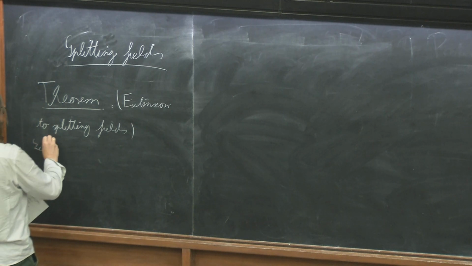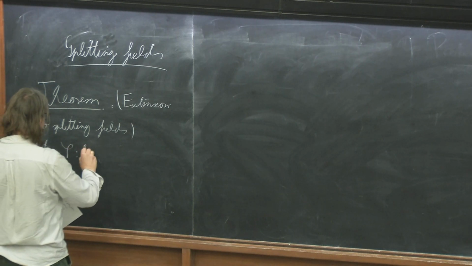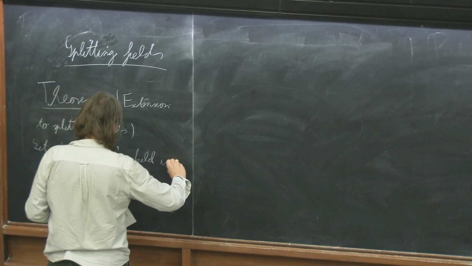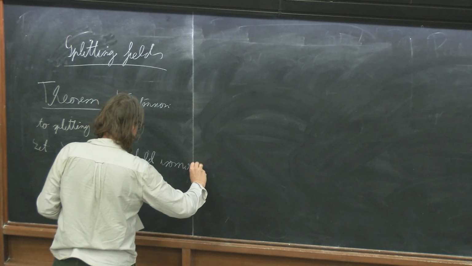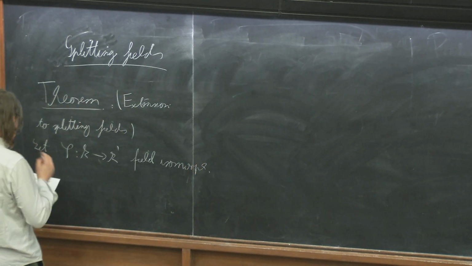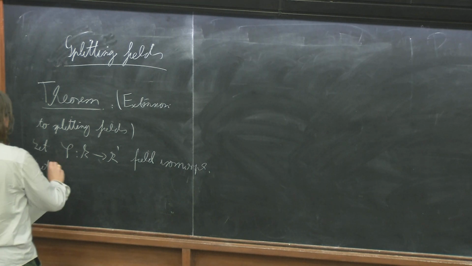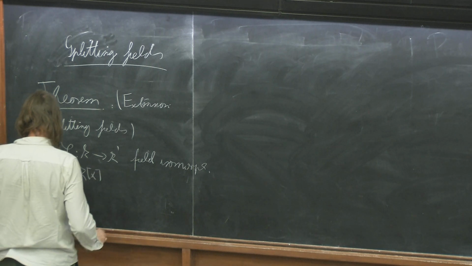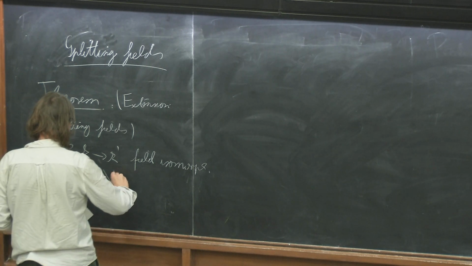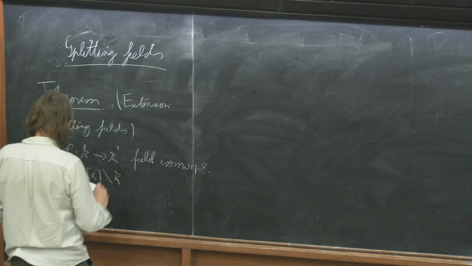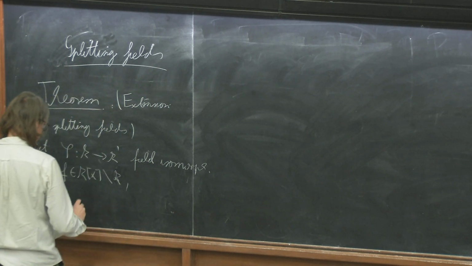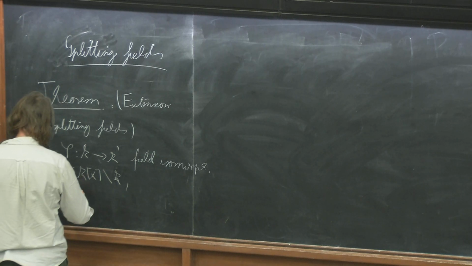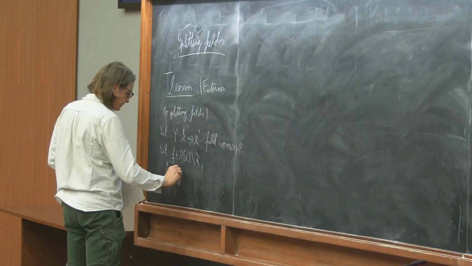So let small phi from K to K prime be a field isomorphism. And let f be a polynomial with coefficients in K, say non-constant. And we put f hat to be what I had called phi star of f.